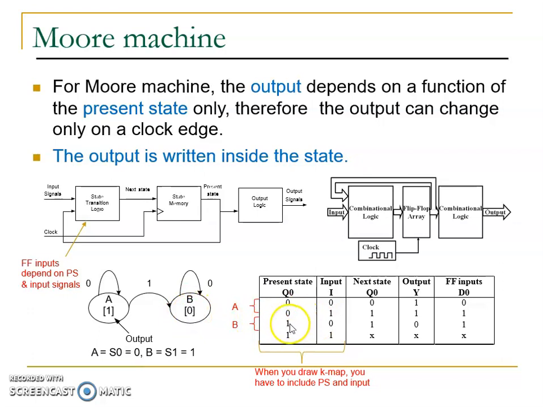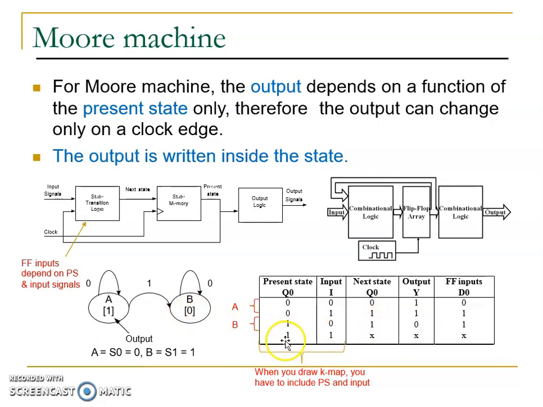And then next is present state B. So B is represented by 1. For input 0, the next state is B. Input 0, next state is B. B is 1, represented by bit 1, and the output is 0.